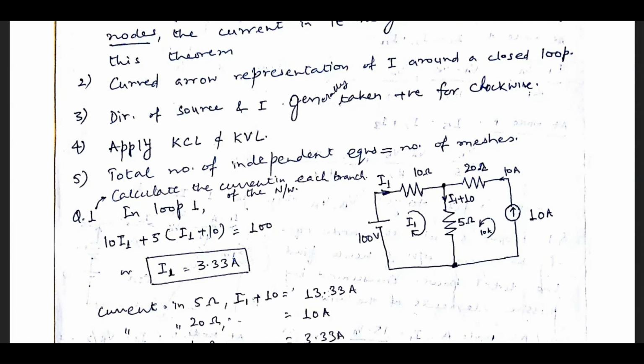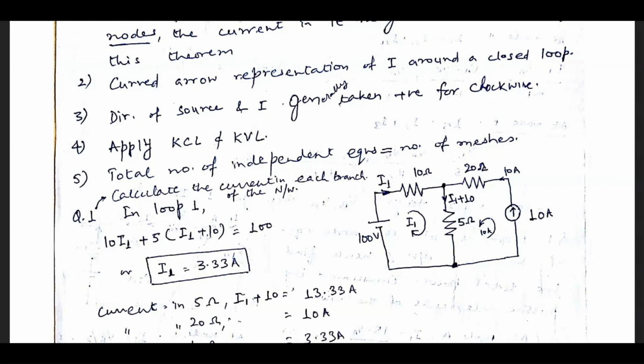Even if you take the wrong direction of the current, the end result will be that the current assumes a negative value. Then we can say the direction is not from LHS to RHS, it is from RHS to LHS. That hardly makes any difference.